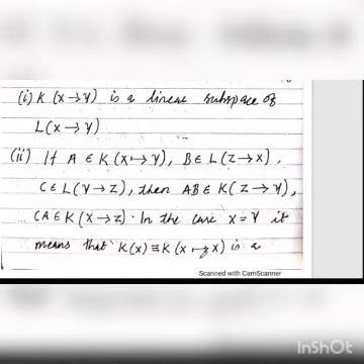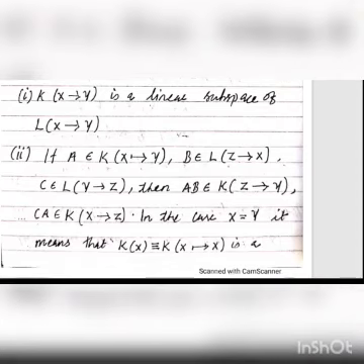One more condition is there, which we will discuss in the next class. First we will prove the first condition. That is, we want to prove that K(X,Y), the set of all compact linear operators, is a linear subspace of L(X,Y), the set of linear operators. We will prove this in the usual procedure.